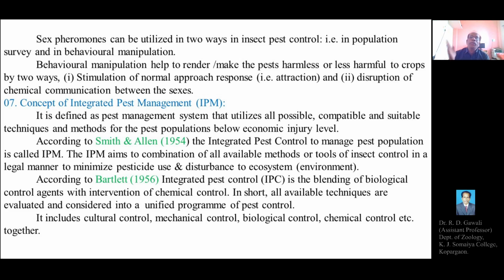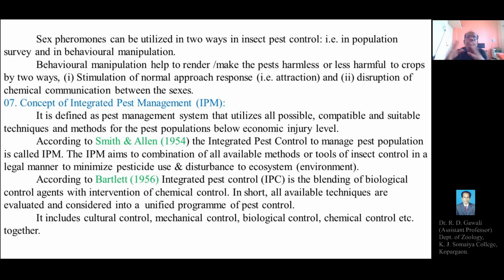Then disruption of chemical communication means producing interference so as to disrupt the chemical communication of the males and females.